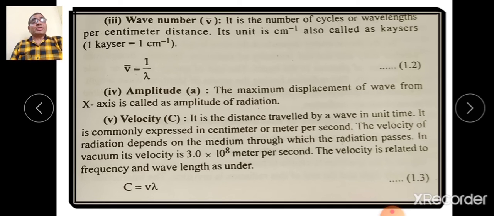The velocity of a radiation depends on the medium through which it passes. In the vacuum, its velocity is 3 into 10 raised to 8 meter per second. Velocity is related to the frequency and wavelength as velocity c is equal to frequency into wavelength, that is c equal to nu into lambda.